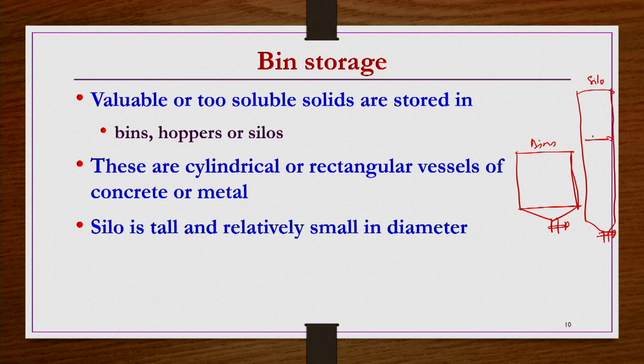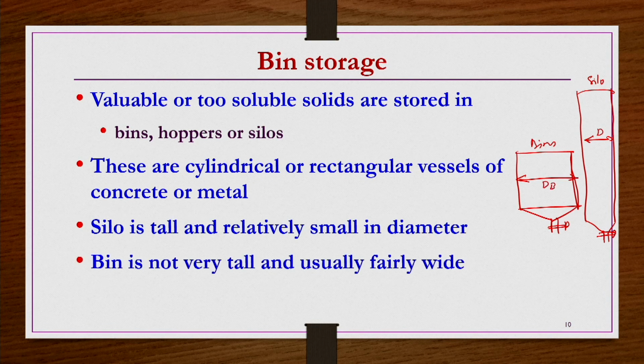So, the small diameter d here is in silos, whereas in bins the diameter is very large compared to the silos. Bin is not very tall usually, and it is fairly wide as I have shown here. So, by design they are given different names, but the purpose is the same. They are used for storing valuable or soluble solids in general like this.